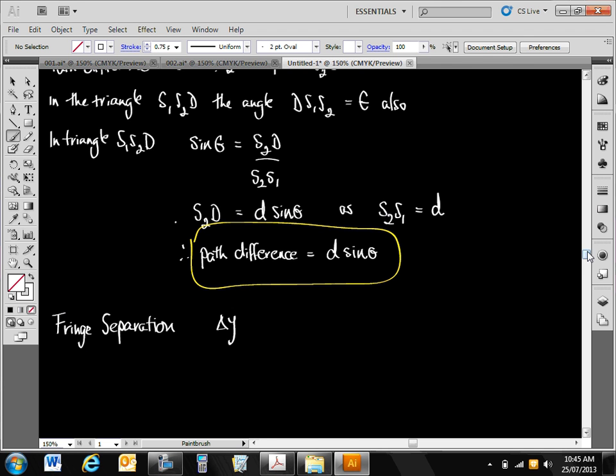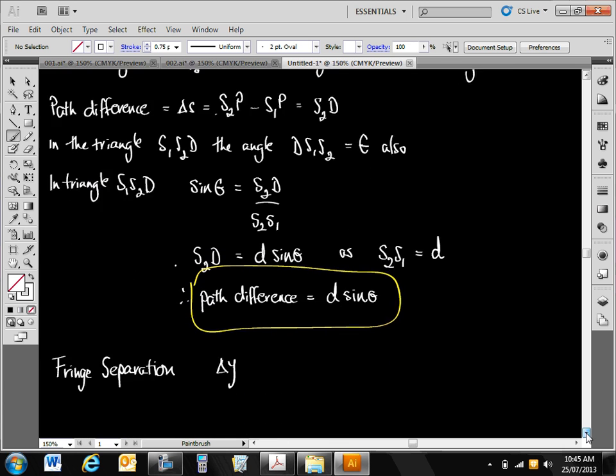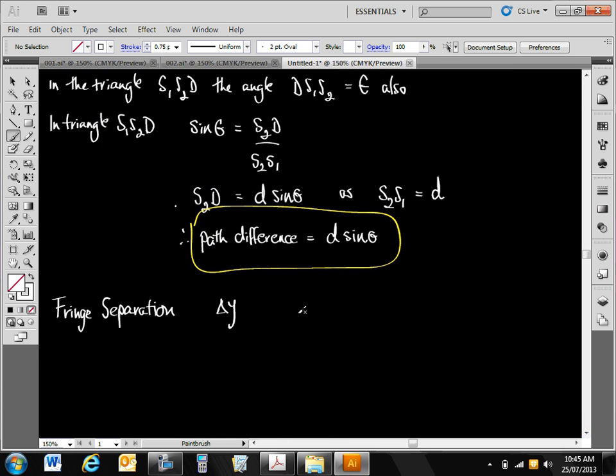At P2, what's the path difference? Bright band, dark band, bright band. One wavelength, isn't it? At P2, d sine theta equals lambda, the wavelength of the light.